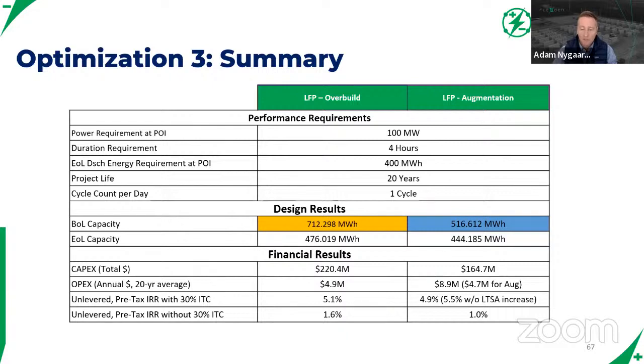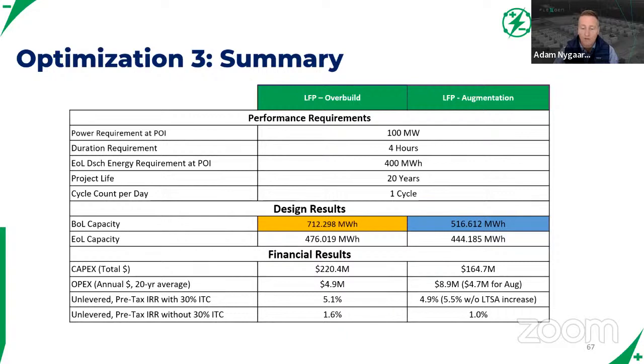But what we missed here, and really comparing apples to apples, is if you are going to roll the dice versus taking the less risk approach, the less risk approach of overbuild typically comes with an opportunity to purchase a capacity maintenance agreement, which comes with a fee, which guarantees that you're going to have 400 megawatt hours at the POI. We did not include any cost for that.